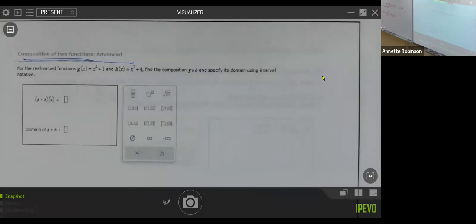I bet that's the advanced part. No, really, little numbers to walk through.